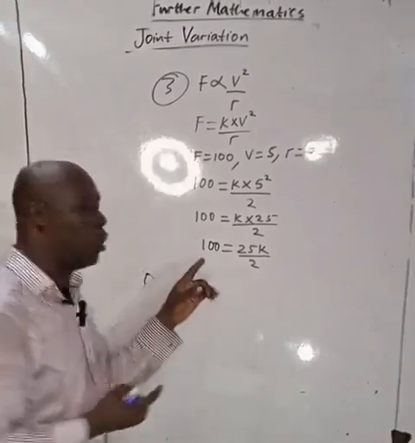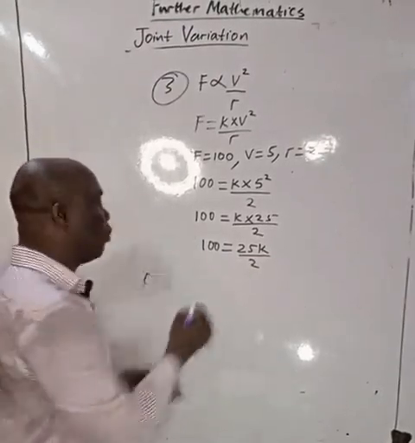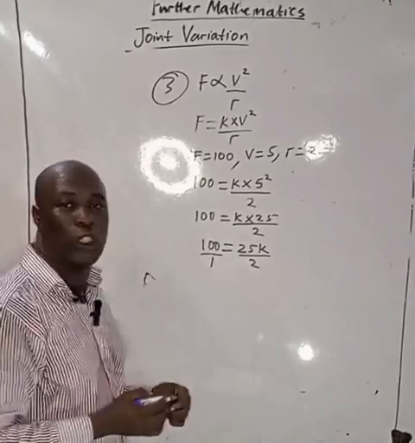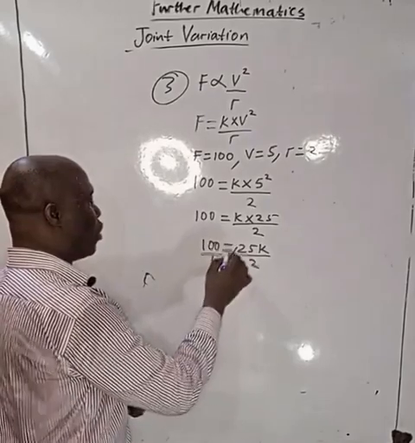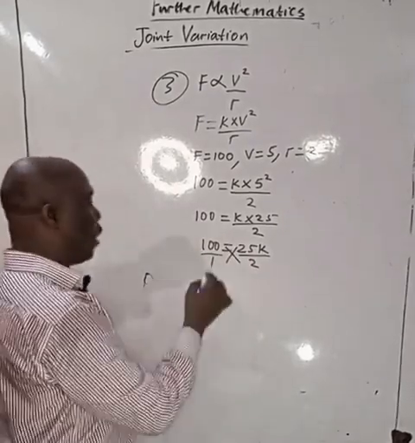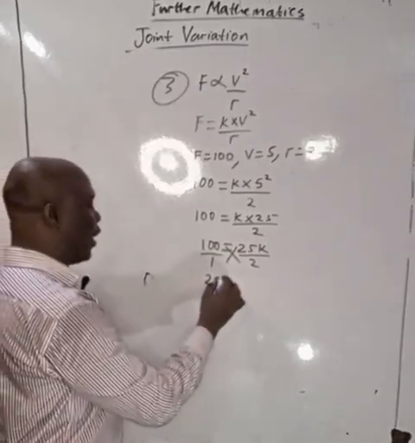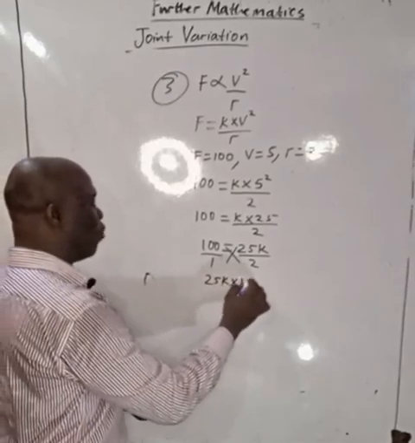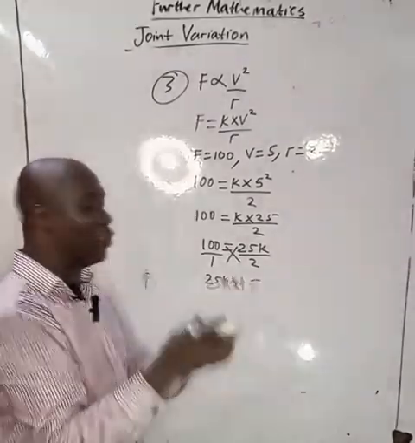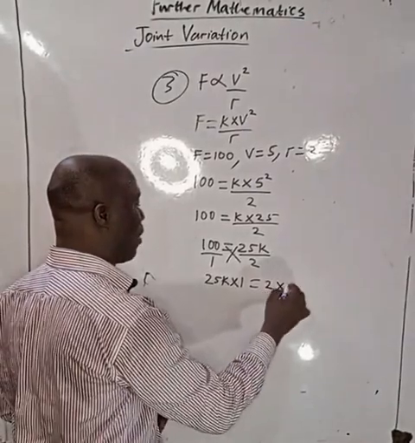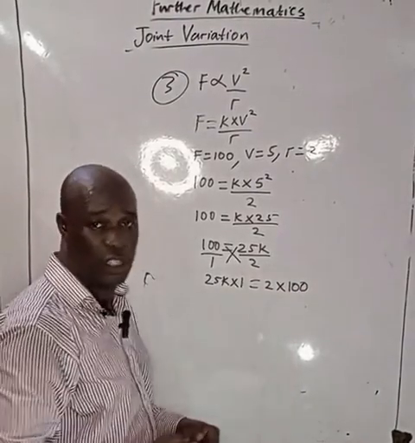What do you need to do? Under this 100, you put 1. Then you cross multiply. You have 25K multiplied by 1 on one side, and on the other side you have 2 multiplied by 100.